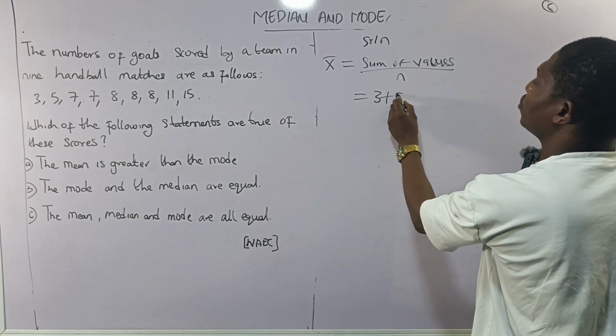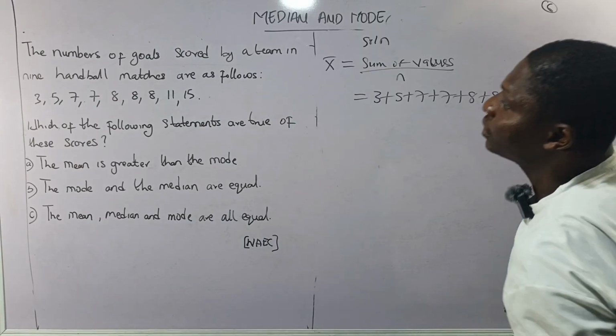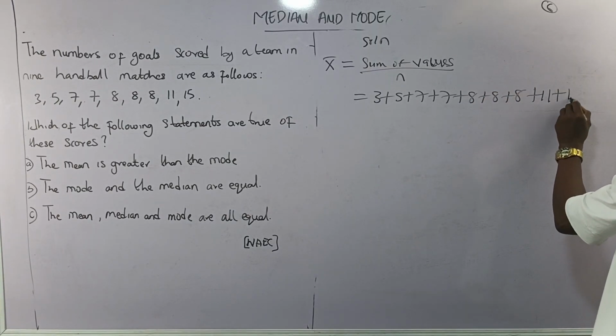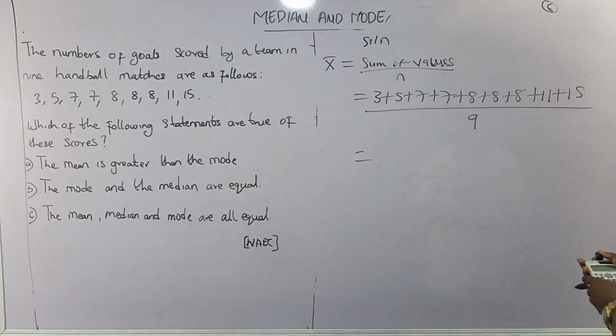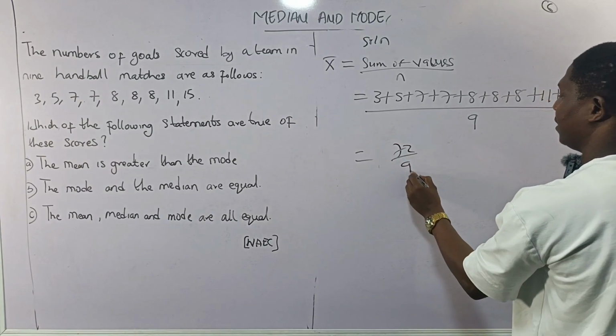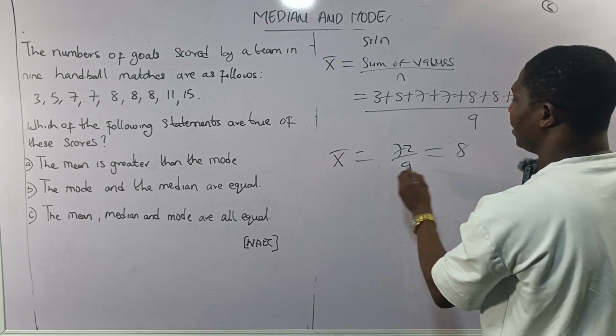So we have 3 plus 5 plus 7 plus 7 plus 8 plus 8 plus 8 plus 11 plus 15, all divided by 9. Adding them gives 72 over 9. So 72 divided by 9 gives me what? 8. So our mean x bar is equal to 8.